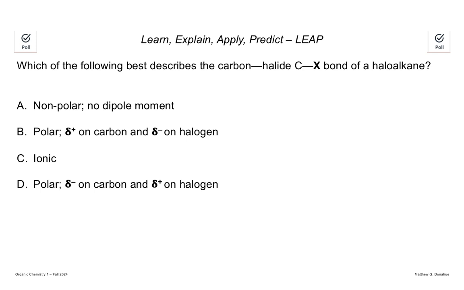So to understand why this happens, which of the following best describes the carbon halide C-X bond of a haloalkane? Keeping in mind that the halogen has 3 lone pairs of electrons. So it's a covalent bond. That's one.